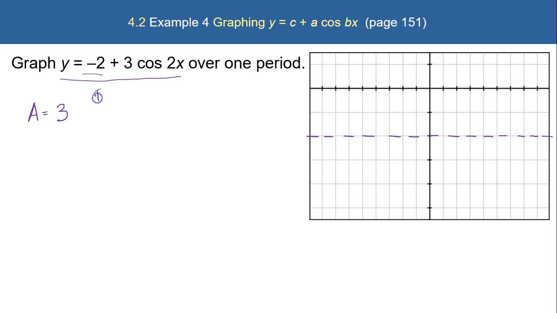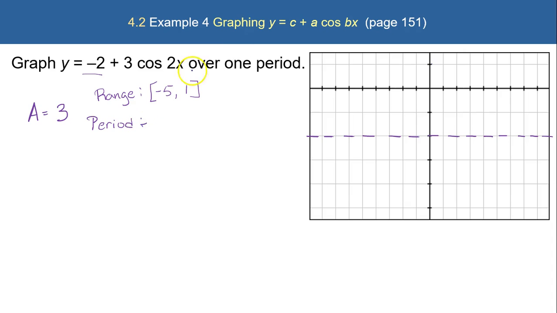So I'm going to go ahead and write that on here. Range is going to be from -5 to 1. Start with the lowest value. And let's go ahead and find the period of our function, so we can split up our x values into intervals.